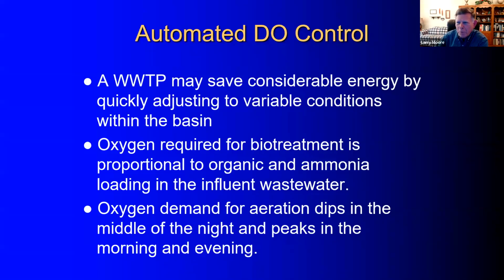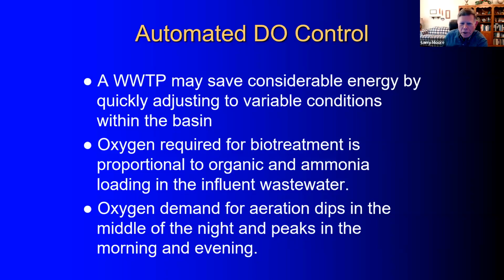So the oxygen demand is varying throughout the day. So we want to try to use automatic DO control if we can, so we're only supplying the oxygen that we need during any hour of the day. And so we need to keep that in mind.